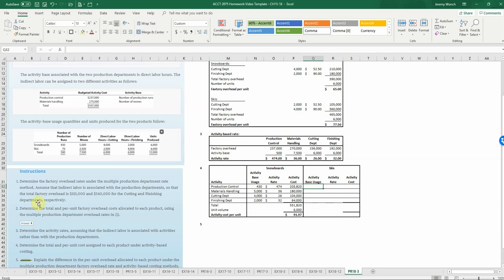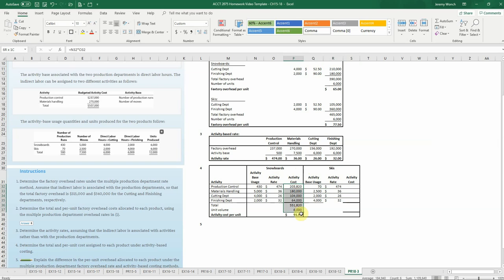Let's do the same with the skis. For the skis, for production runs, they've got 70, and we got 2,500 for materials handling. Cutting department is 2,000. Finishing is 4,000. We can just copy our activity rates over.